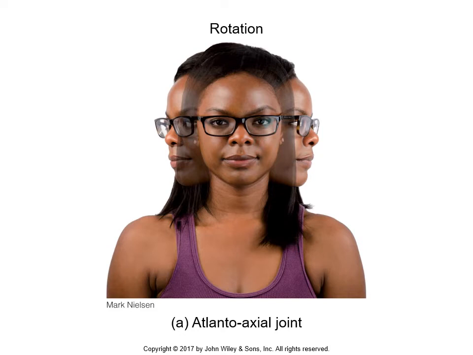Every other joint from C2 all the way down to C7 cumulatively only adds 50% of the rotation. This one joint, the atlantoaxial joint, in and of itself achieves 50% of rotation of the cervical spine.